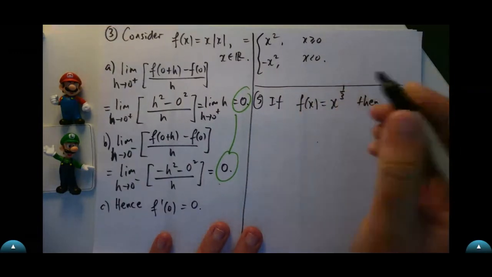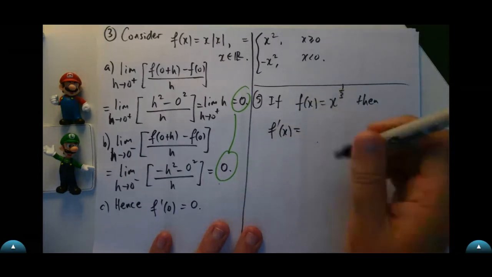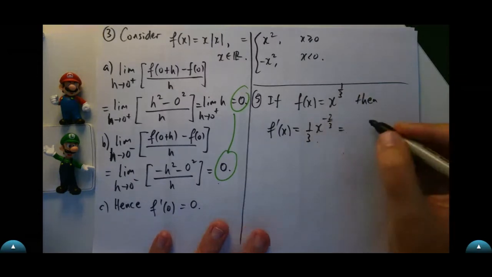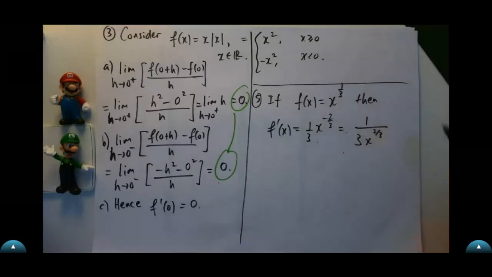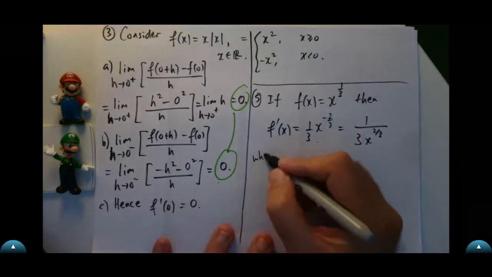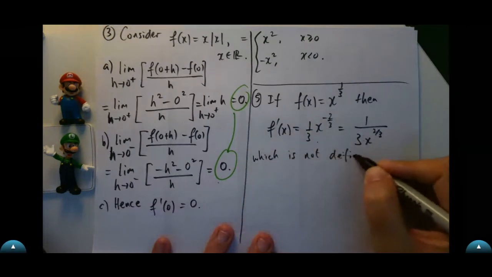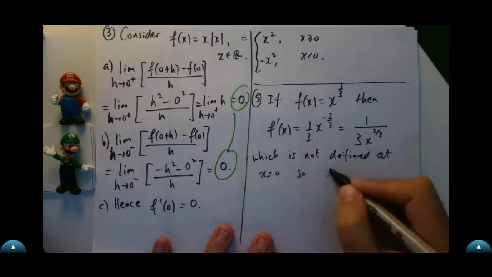Let's actually just compute the derivative and see what happens. So it's a power function. The third comes to the front, and you decrease the power by 1. So you can see what's going to happen. This isn't defined at x equals 0 because you're dividing by 0. So it's not defined at x equals 0.